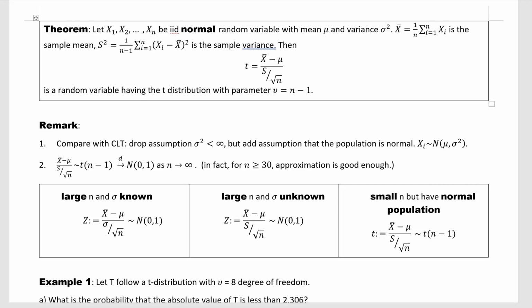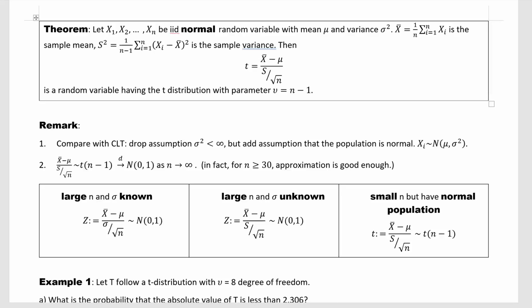We recall the central limit theorem from last session. We have IID data, and then we know the standardized sample mean is approximately standard normal. So what happens if we don't know sigma, and we don't have a large sample size?